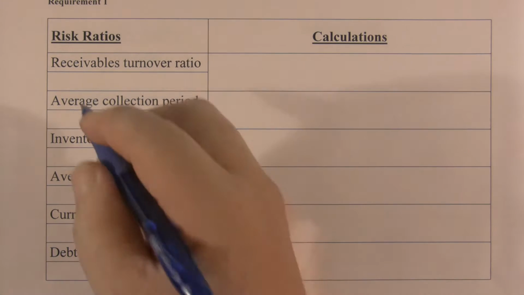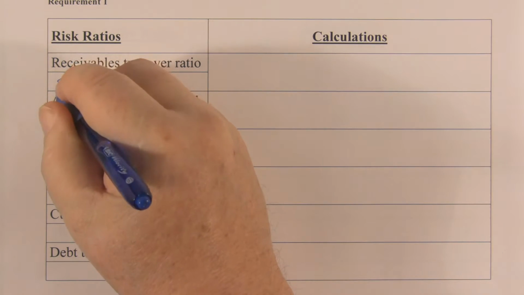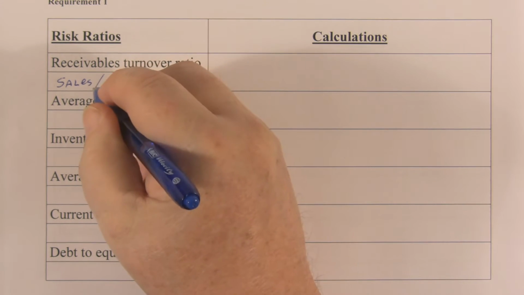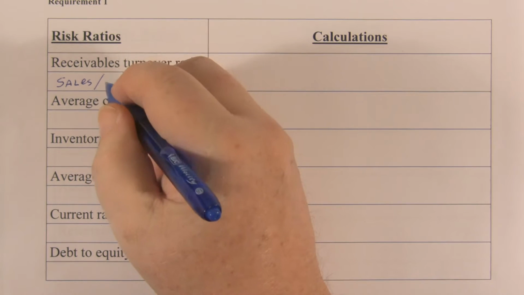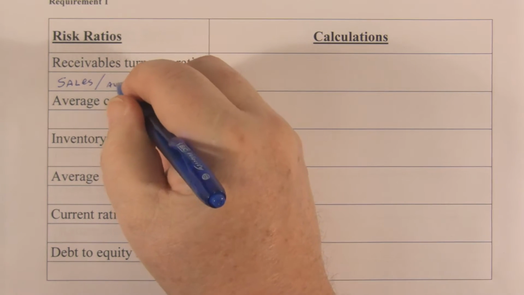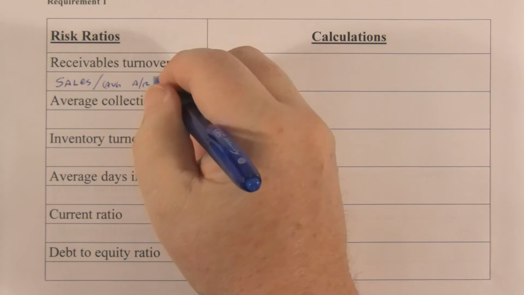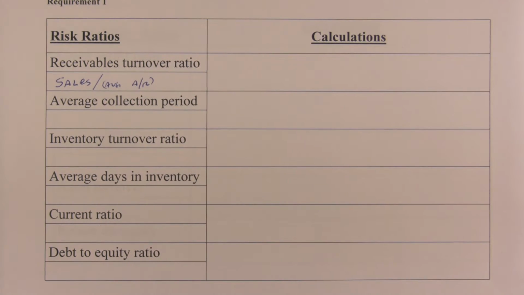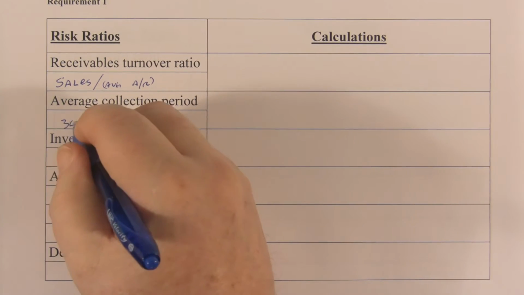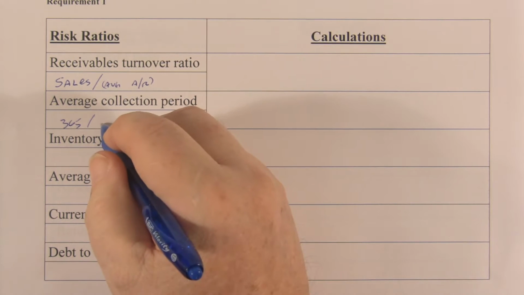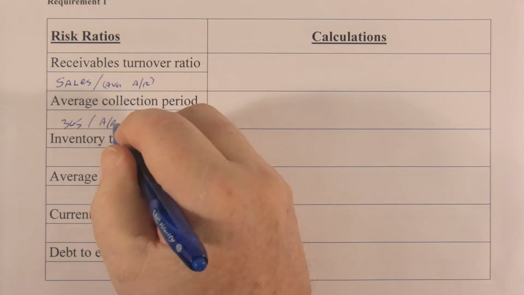The receivables turnover ratio is sales or revenue, an income statement number, divided by the average AR, just to make sure that I know what I'm talking about. The average collection period is 365 days divided by the accounts receivable turnover ratio.